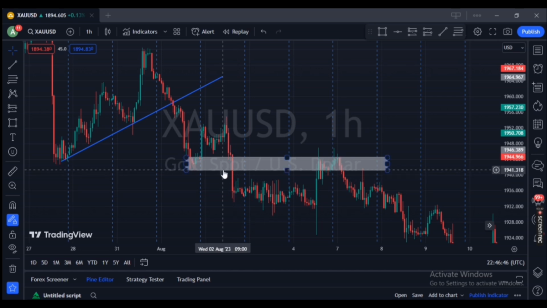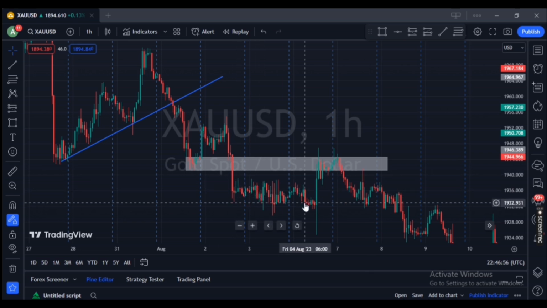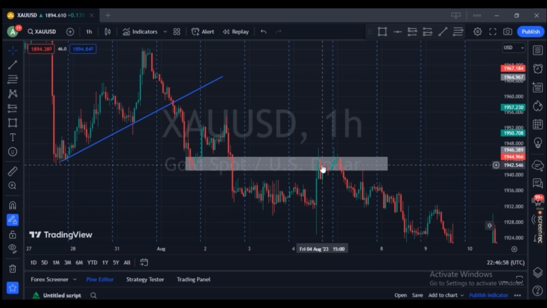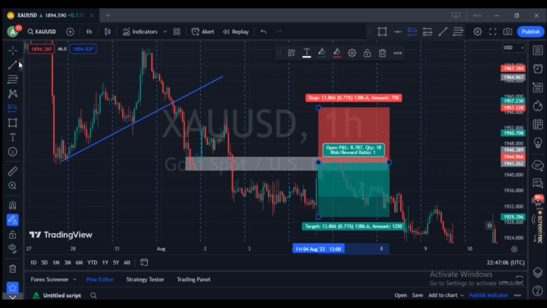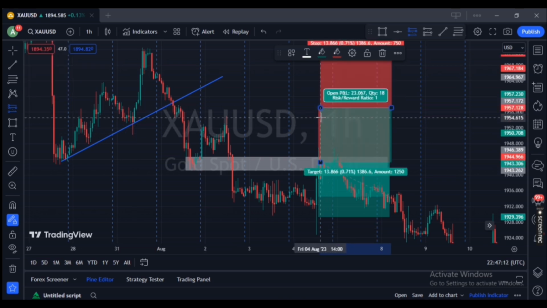So for a better sniper entry, you don't have to enter immediately. What you have to do is wait for it to get back to this level to retest, and then you will enter your sell sniper entry here with a very small stop loss and then a big take profit.